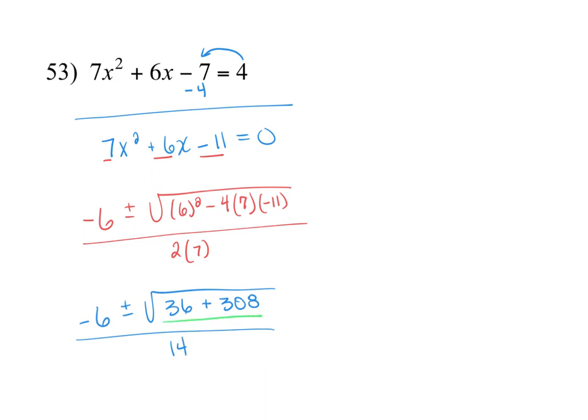So we're going to add these. If I add my 308 and my 36, there we go. And then 344 is something that I'm going to be able to simplify. It's not pretty, but I'm going to be able to simplify him. He's big. So just take them one at a time.